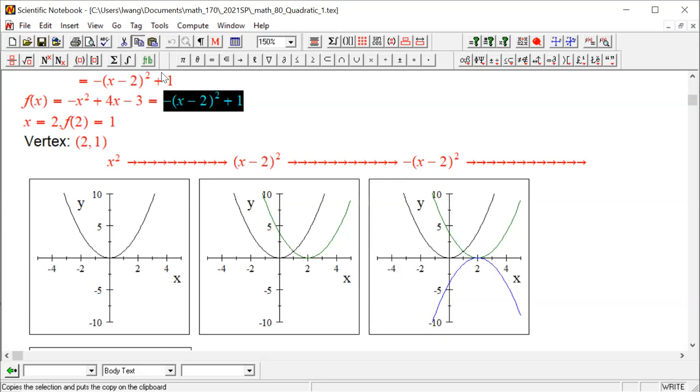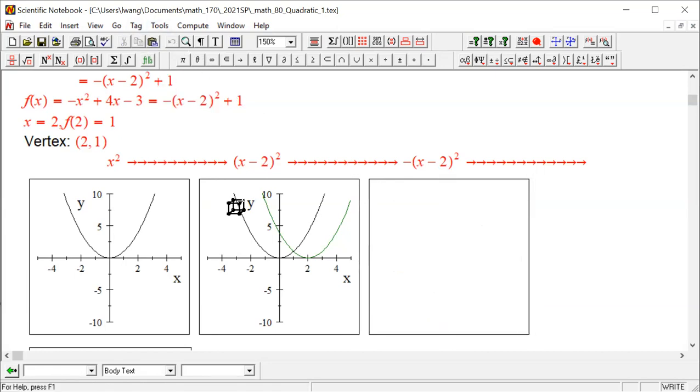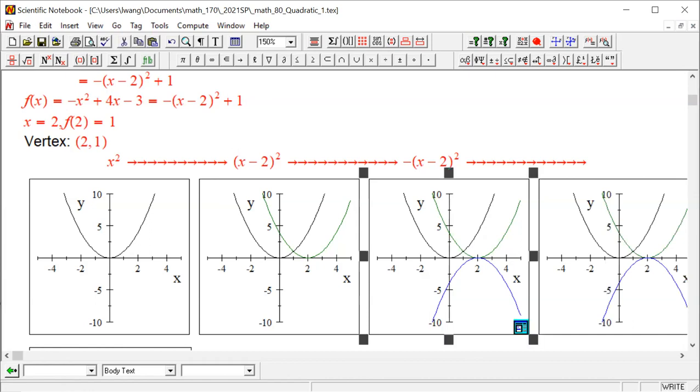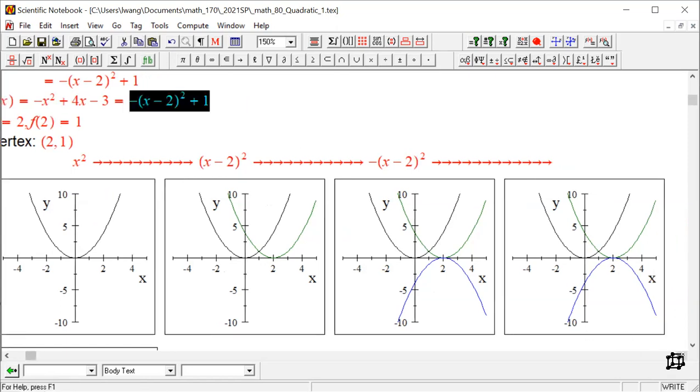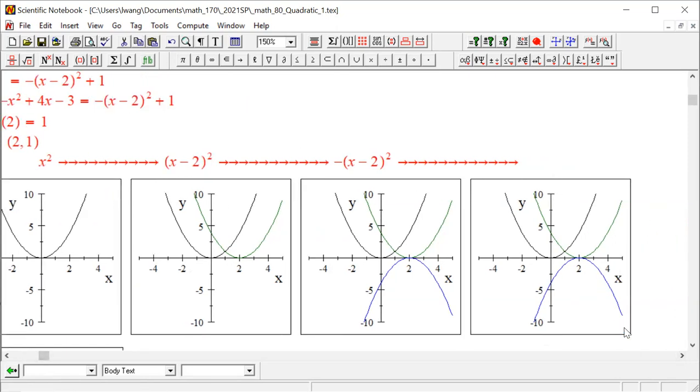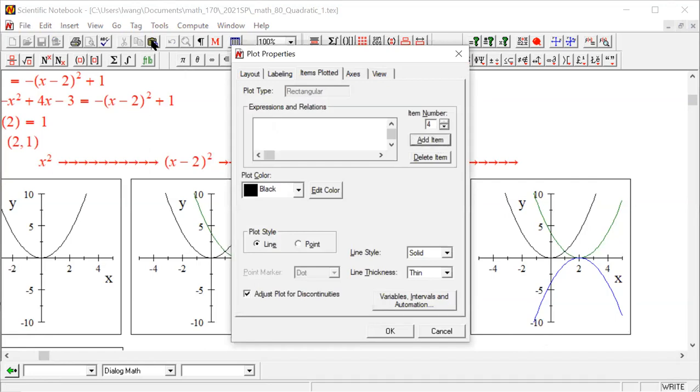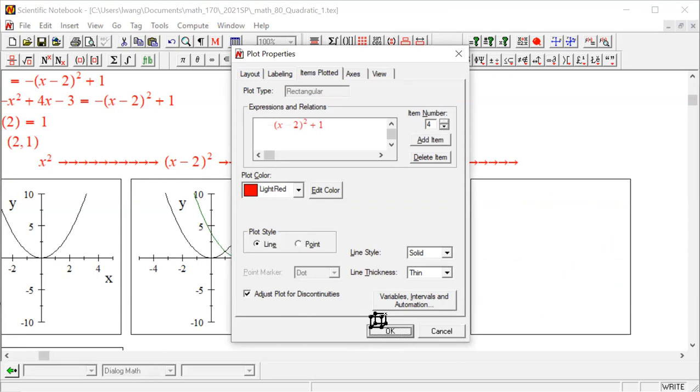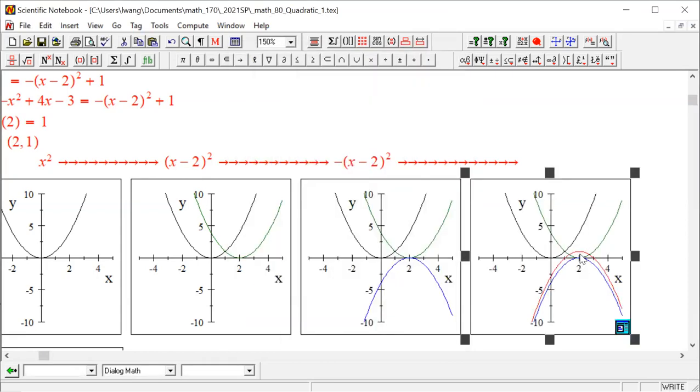So now we're graphing the final one, and this one is going to be negative x minus 2 squared shifted up by 1 unit. For the final one we're going to use red. So this is shifted up by 1 unit.